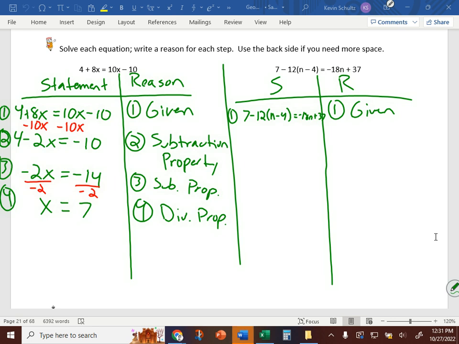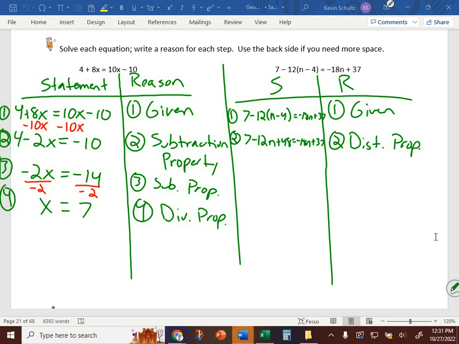Okay? Now walk us through the process to solve this equation. What would we do first? Kylie. Distribute. And so step 2 would be 7 minus 12n plus 48 equals negative 18n plus 37. And that is the distributive property. Okay?